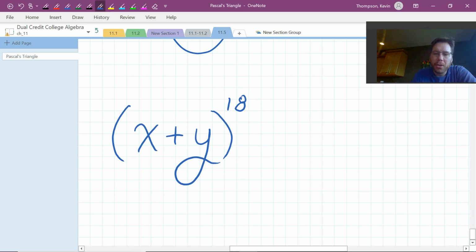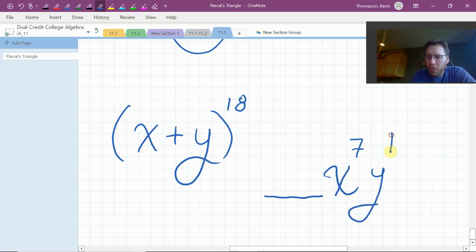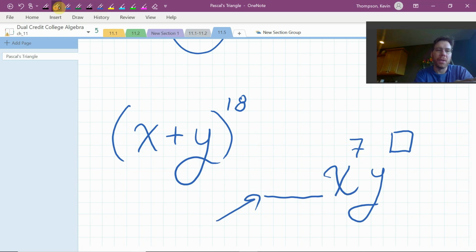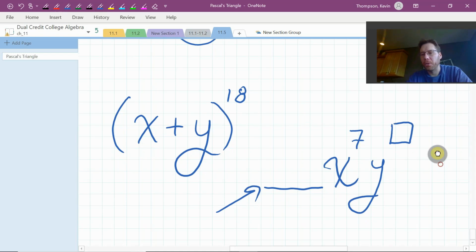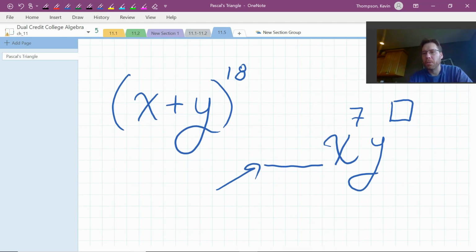But what if I only am interested in the coefficient of the term that would be x to the, let's say, 7th power, y to a power I'm not going to tell you, and I want to know what that coefficient is without taking all of the investment of writing out all these rows of Pascal's triangle.